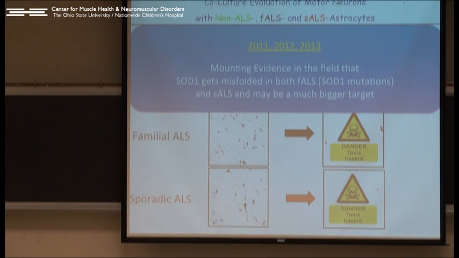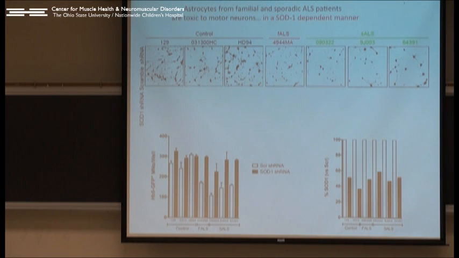This is 50-50 in the field. About 50% of people buy into this camp that SOD1 gets misfolded, 50% are still questioning whether that's a correct answer. But here was our opportunity to really address whether SOD1 might be a converging target in not only the SOD1 mutations, but also sporadic ALS, where individuals were showing misfolding of SOD1.